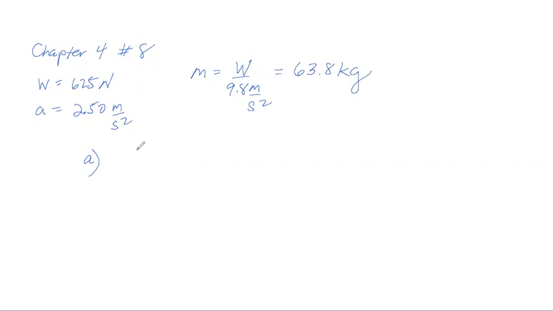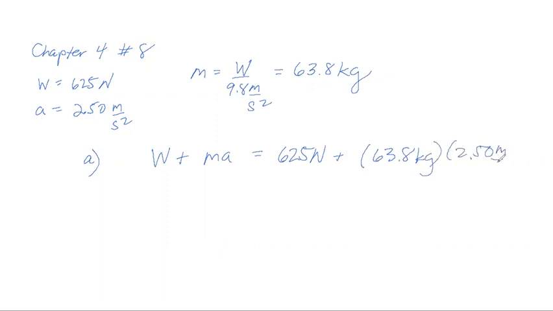The total force upwards is going to be my weight plus ma. So it's going to be 625 newtons plus 63.8 kg times 2.50 meters per second squared. And for that, I am going to get 784 newtons.